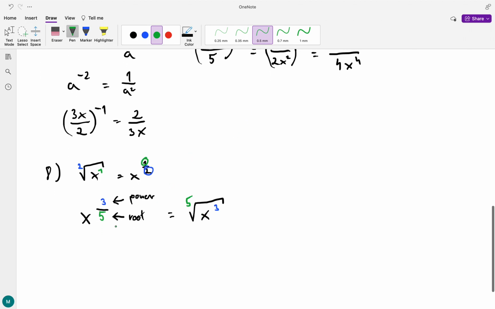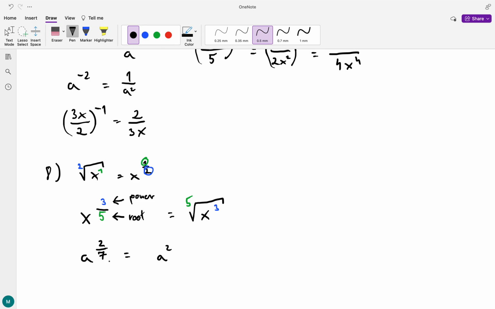Let's do one more example using a different base. So for example, a to the power of 2 over 7. Okay. Once again, your numerator is the power attached to the base.